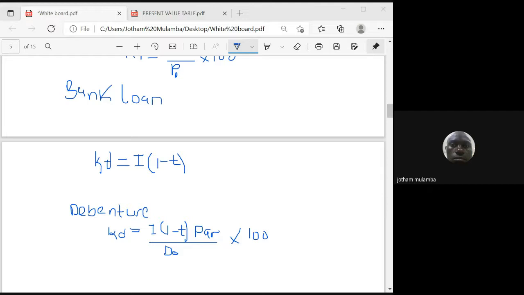D naught is the price for debenture, or the selling price for debenture.